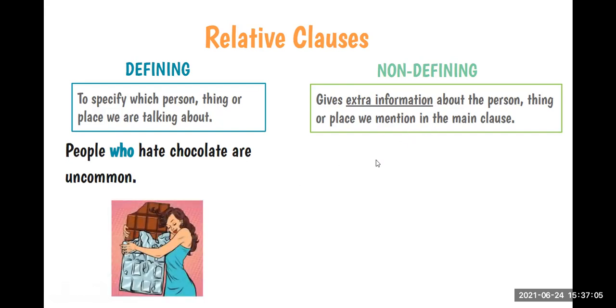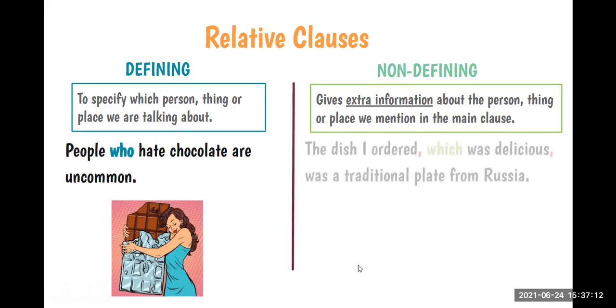And in this one, we give extra information. Información que no necesitamos, es solamente extra, ok? The dish I ordered, which was delicious, was a traditional plate from Russia. Si se dan cuenta, esta información es extra. No la necesito para que mi oración tenga sentido. The dish I ordered was a traditional plate from Russia is a perfect, complete sentence. ¿Ok? Entonces, esta información es extra.